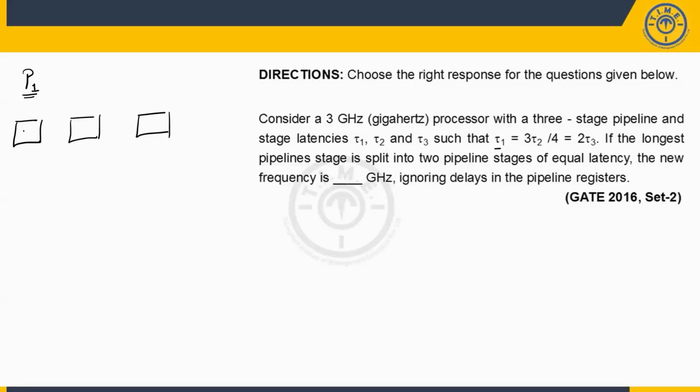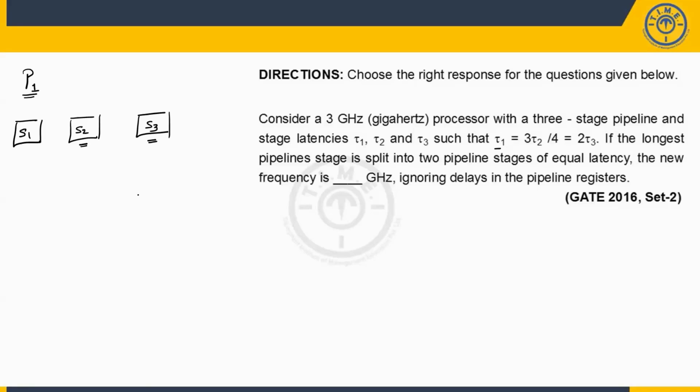So there is stage 1, stage 2, and stage 3. Stage 1 latency is 3/4 of stage 2 and twice that of stage 3. That is the relationship.